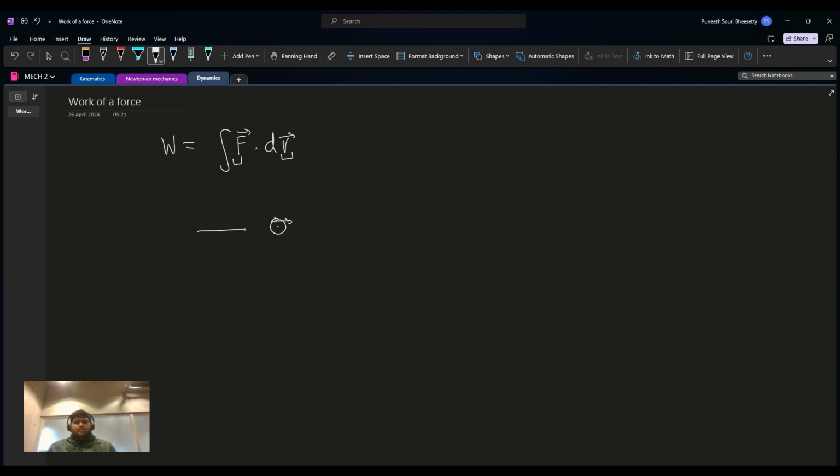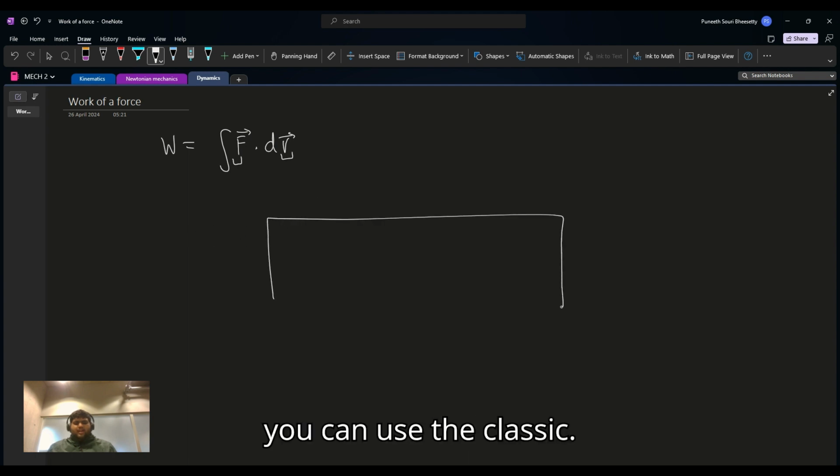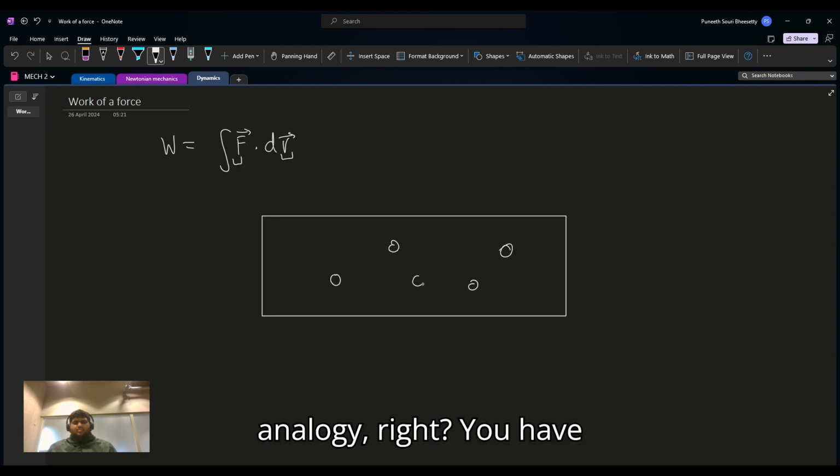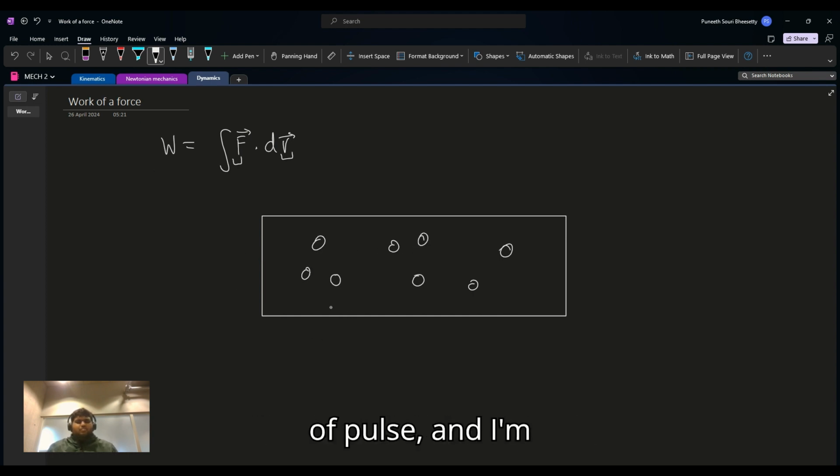You can use the classic billiards analogy: you have all different kinds of balls, and I'm only going to look at the motion of this ball.